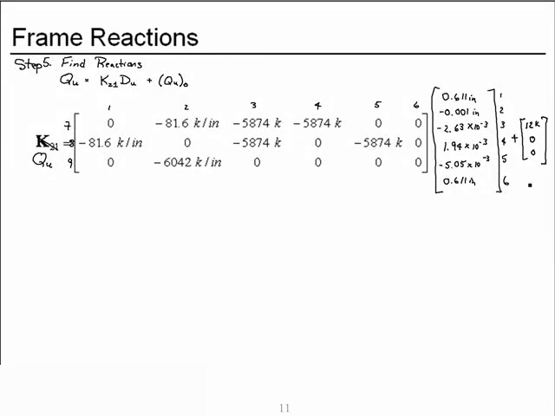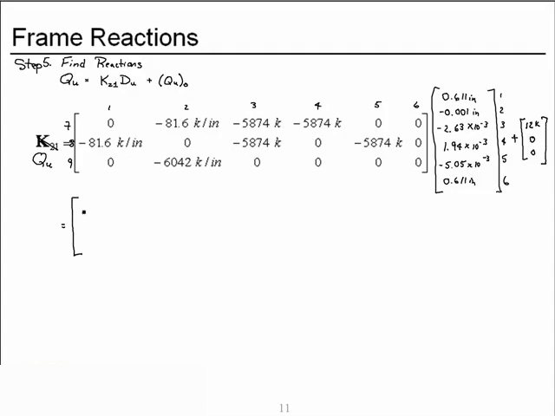So now let's evaluate our first row for degree of freedom 7. We have this term times this term, which is 0.